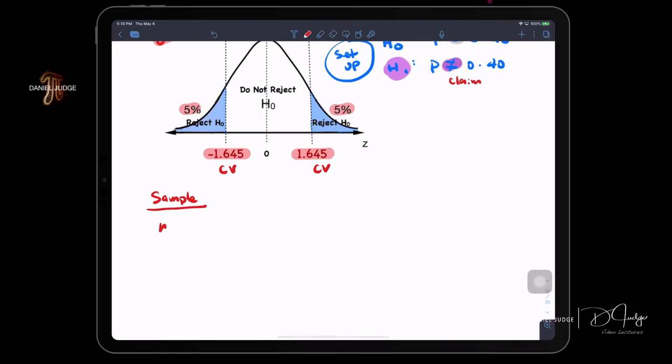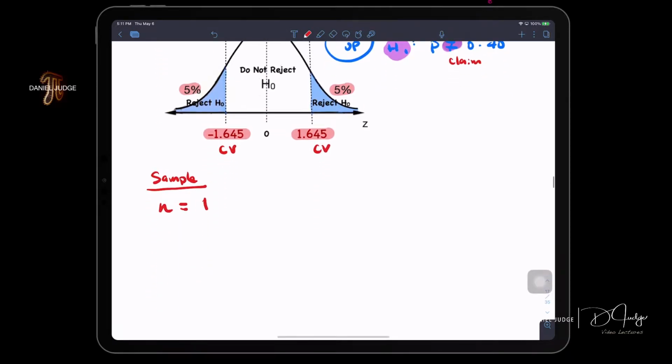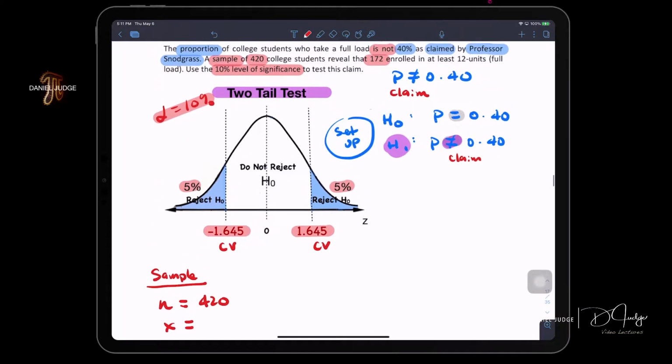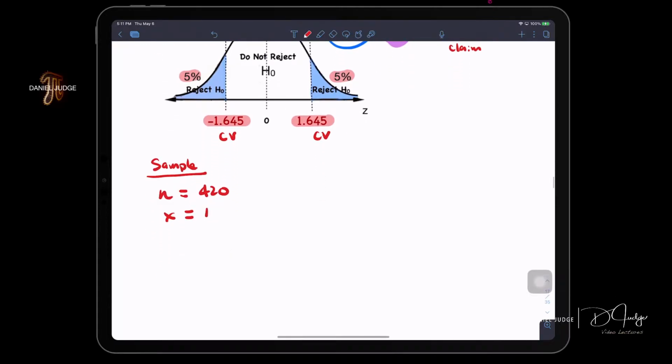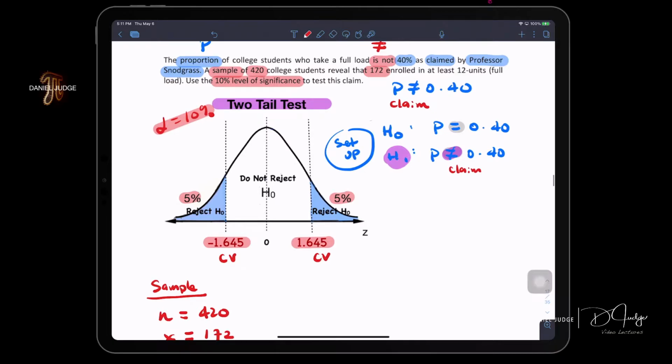They told us that a sample of 420 college students revealed that 172 enrolled in a full load. That's all the information we get from the sample.